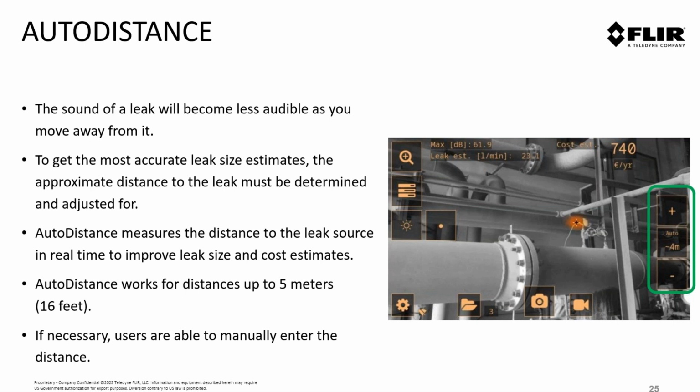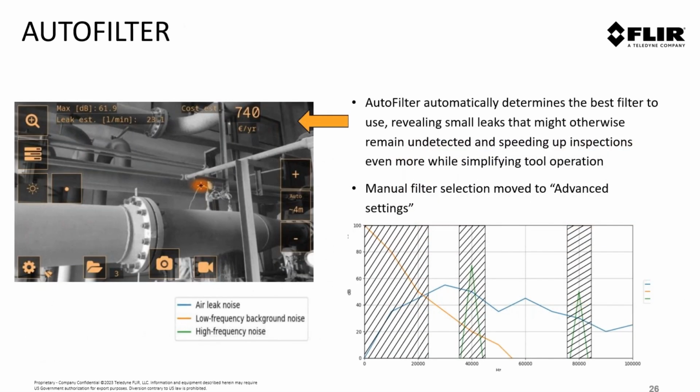And really the auto distance piece just makes it a lot easier for casual end users who may not have the full training to understand how to set distances. As you can see on the right-hand side of the screen there, it's a very simple plus and minus. If you need to manually set them, you can do so. Very simple interface. And then the auto filtering side, it automatically determines the best filters.